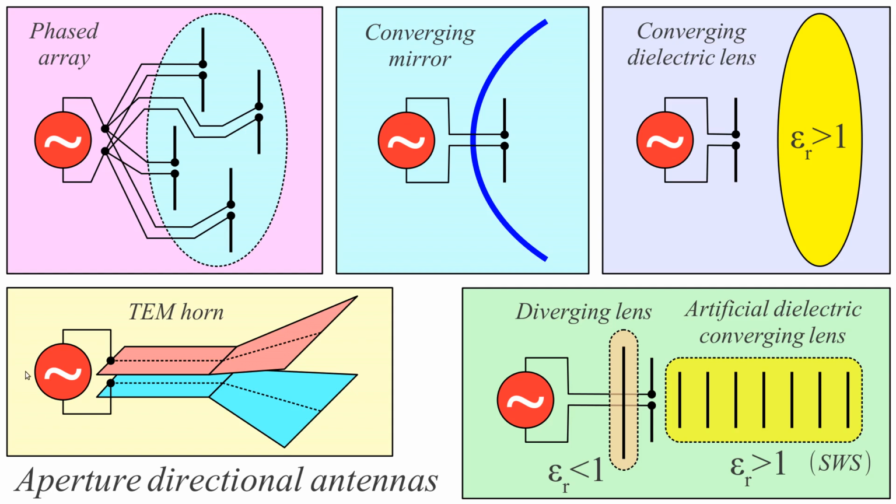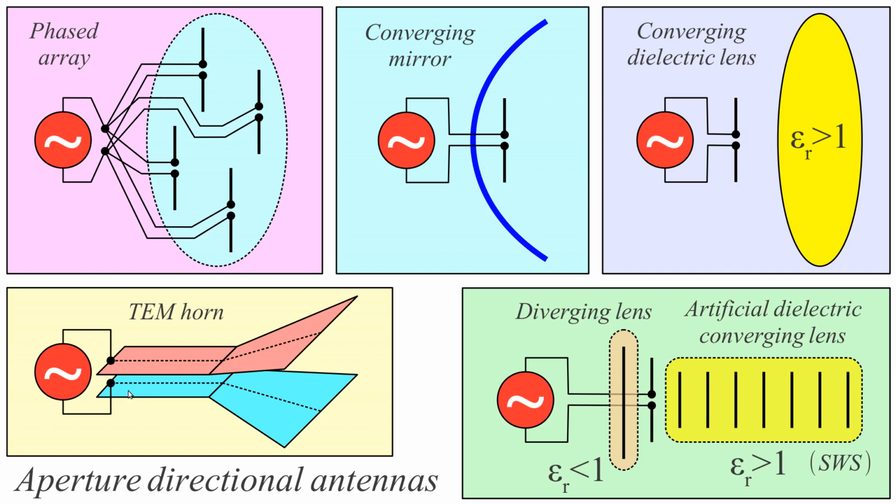One possible solution is also a horn antenna. Now, for simplicity, here I drew only a transversal electromagnetic horn that has a TEM line made from two strips of conductor, and then these two strips are spreading out to form a TEM horn.